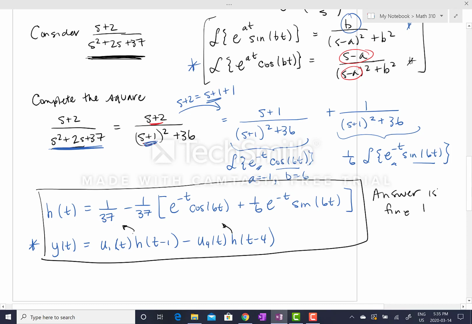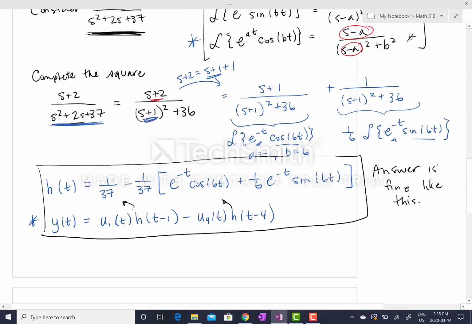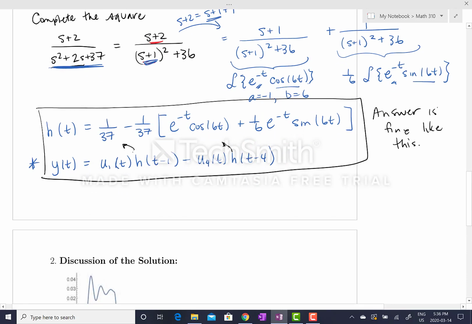Okay, but let us just write out what we would do if we were going to have the function y and eliminate h from this. We would end up with this thing here. It's a bit of a bear, but here it is.